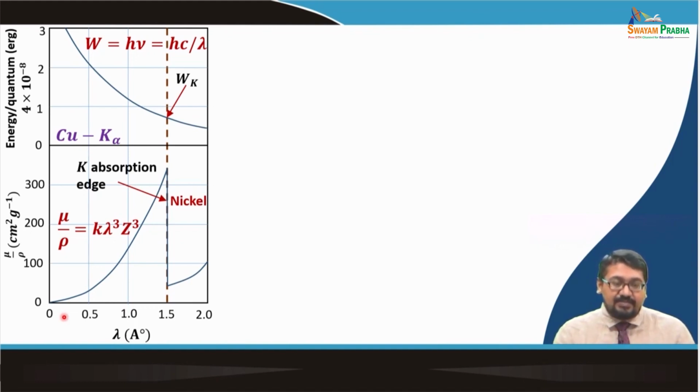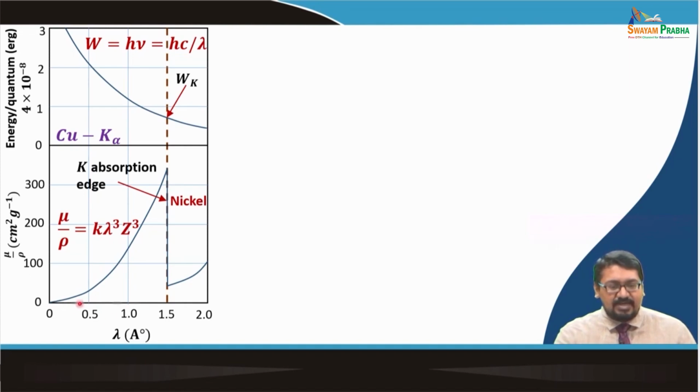If we look at this curve, the x axis is lambda and the y axis is the mass absorption coefficient, that is mu by rho. As the energy of the incident X-ray radiation is increasing, that is, lambda is decreasing, the mass absorption is decreased, right. So, the penetration depth is increased.